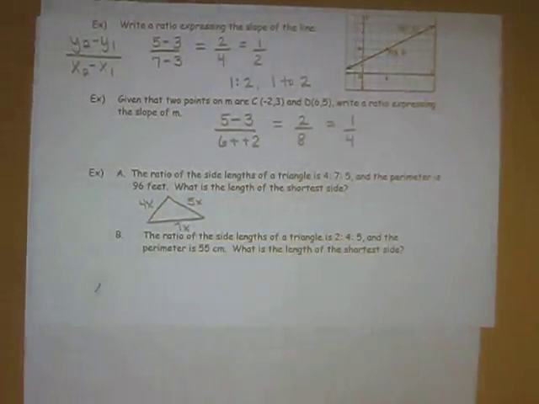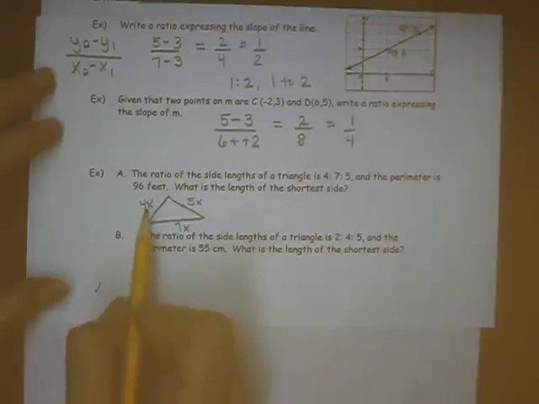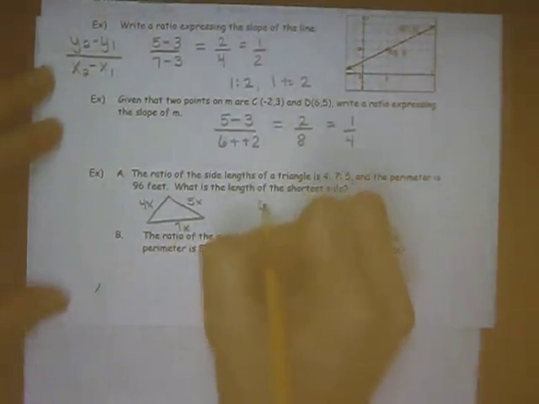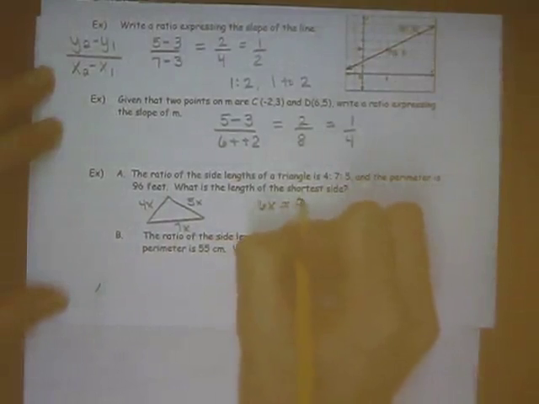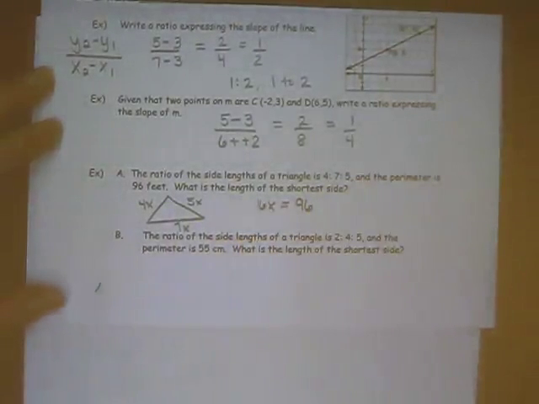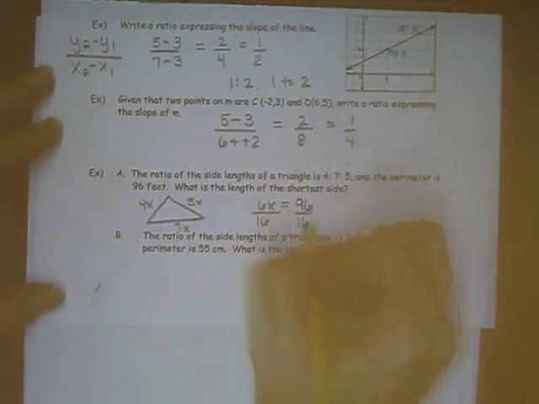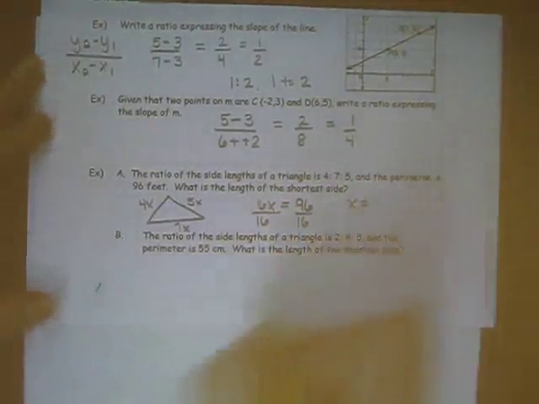In order to get the perimeter, you then add up all the sides. 4x plus 5x is 9x, plus 7x is 16x, and then you set that equal to 96. Once you get that, you divide by 16, and you get x.